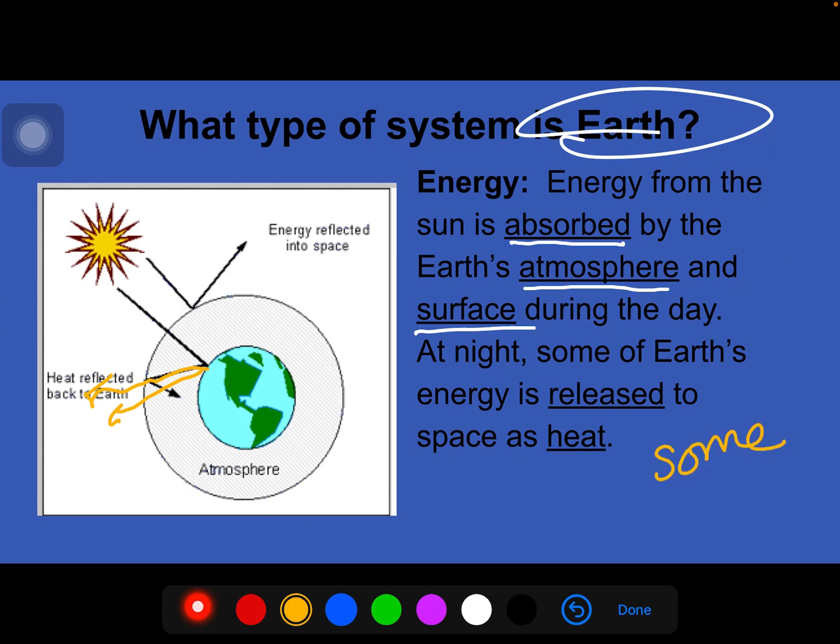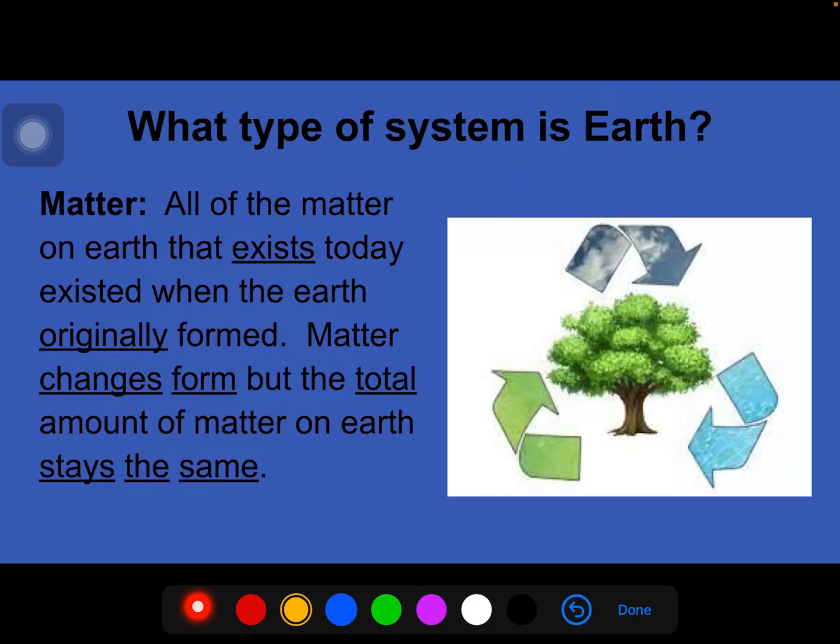So again, that narrows it down but doesn't define it for me. I always have to think about matter, and that's the more defining characteristic of a system. All the matter that exists on Earth today existed when the Earth originally formed. It's just simply moving around Earth and changing form.